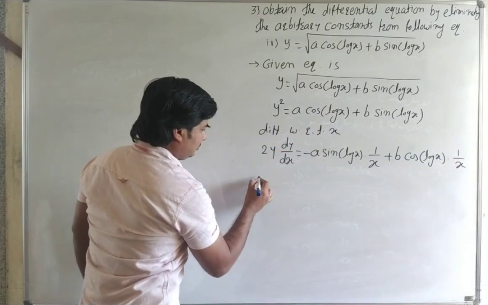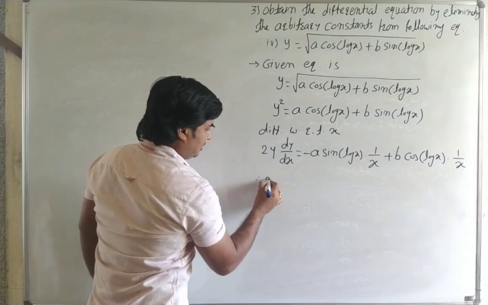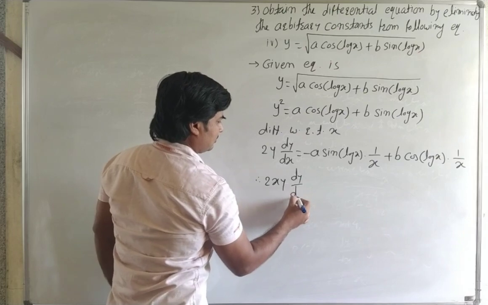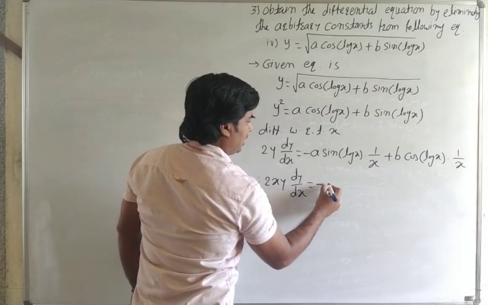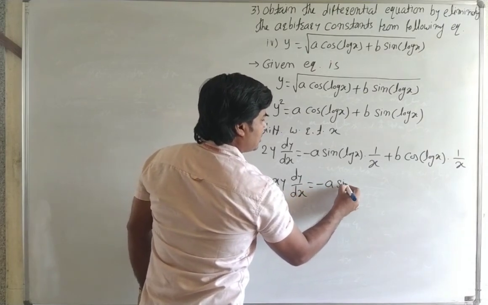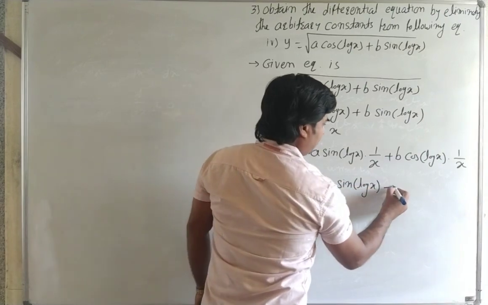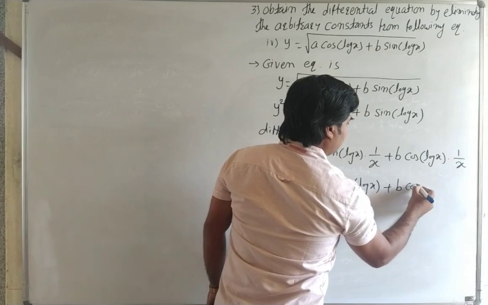Now this x we can bring across, so we write 2xy dy by dx is equal to minus a sine of log x plus b cos of log x.